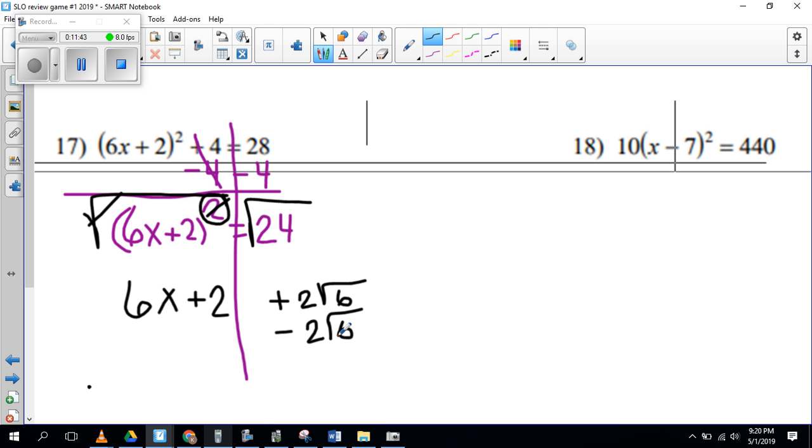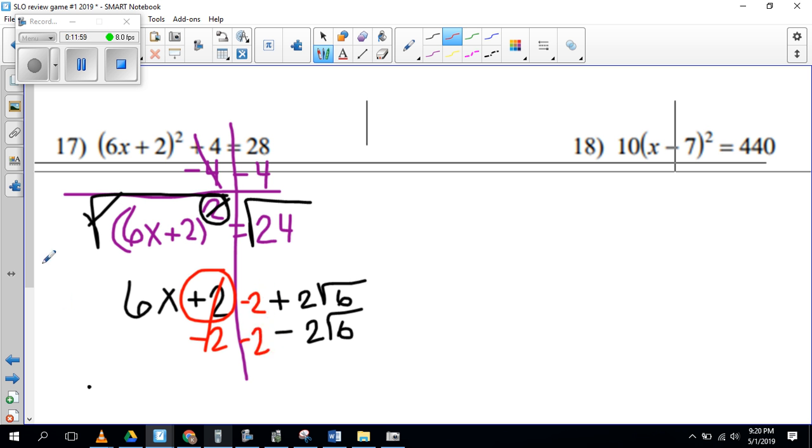Okay, so we still got to get x by itself. So we're going to get this here gone. So we subtract 2 from both sides. So here's my minus 2 to both of my answers.